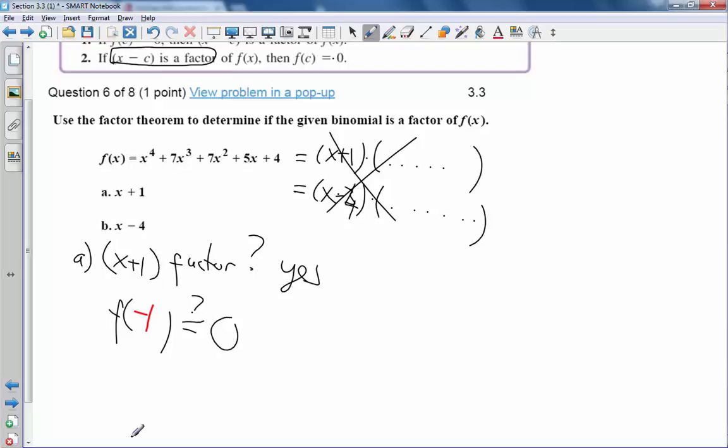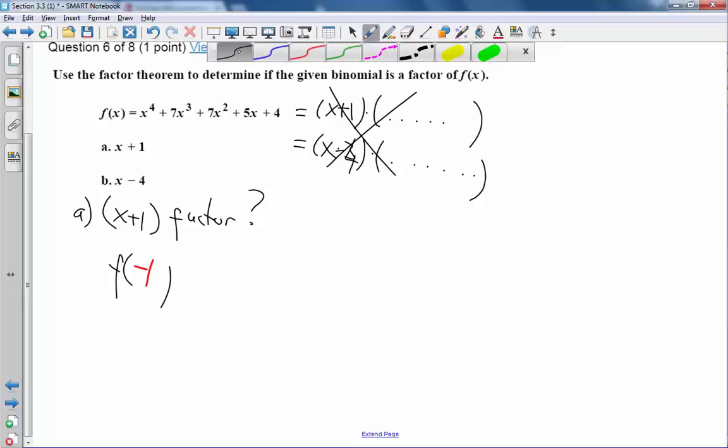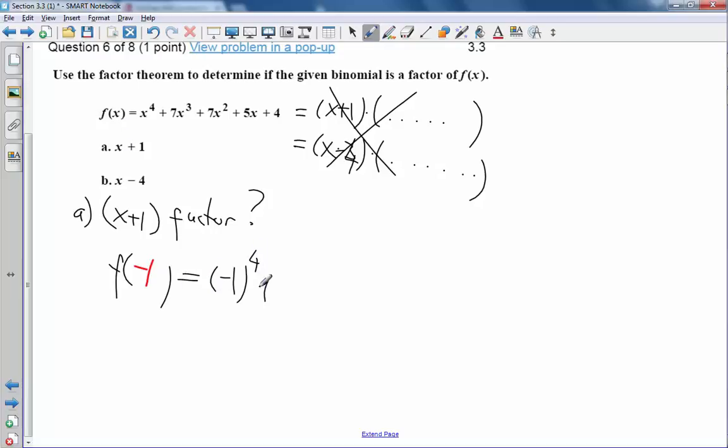So let's test it. What is f? x to the 4th. We don't know these as 0 yet, so I'm going to clean these. I will just compute f of minus 1. Substitute minus 1 everywhere. Every x will turn into minus 1.